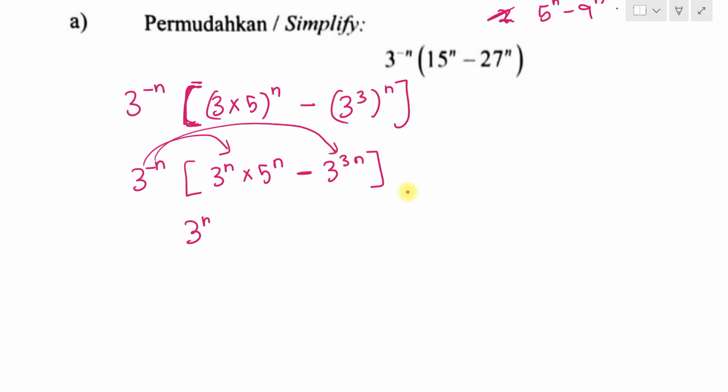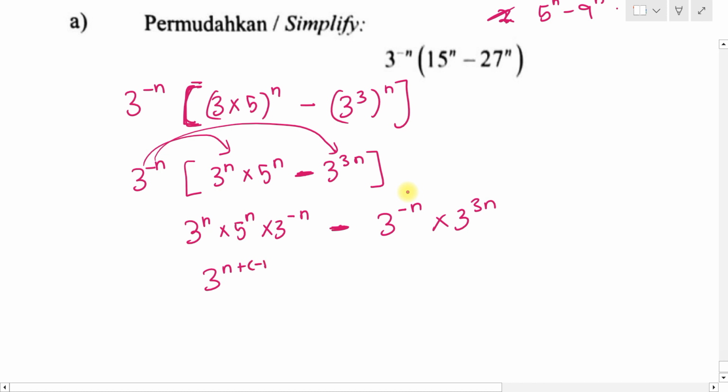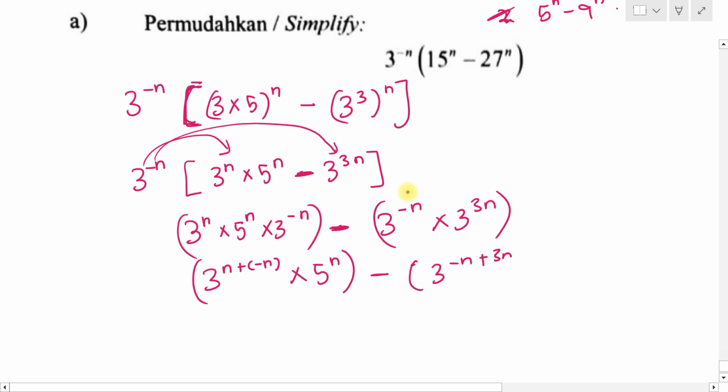So 3 power n times 5 power n times 3 power negative n, minus 3 power negative n times 3 power 3n. Okay, so this minus I put here. Now we know 3 power n plus negative n times 5 power n. This side I put brackets so that you can see clearly. Minus 3 power negative n plus 3n.